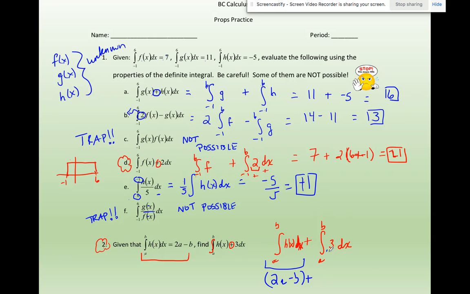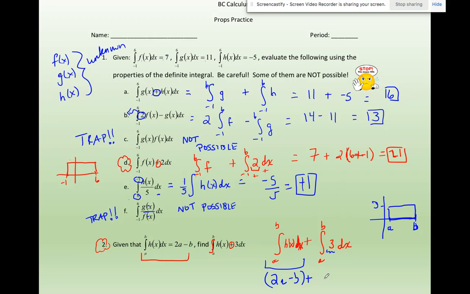When your integrand is a constant, that is your height, think about your graph. Go from A to B at a constant height of what? That is the area of a rectangle. How do we get the area of the rectangle?